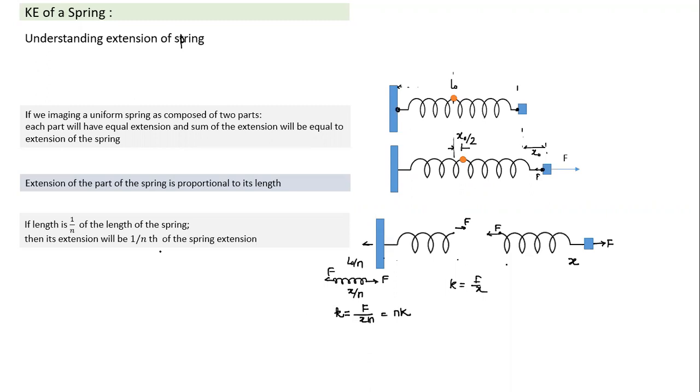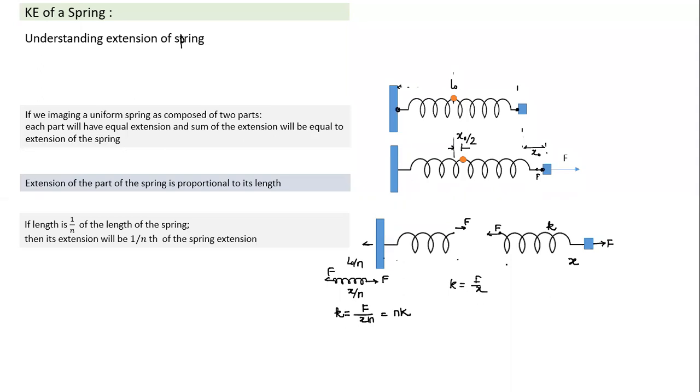That's why the spring constant is inversely proportional to the length of the spring. One spring, if I cut it into 3 parts, each part will have, if the original spring constant was K, a spring constant of 3K.